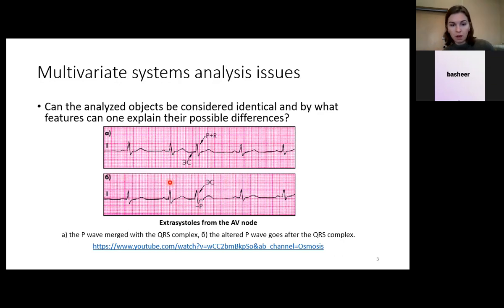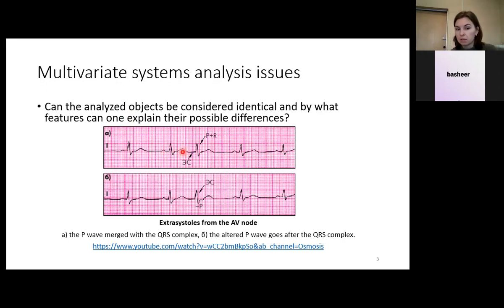So in this case, the doctor will analyze the distance between complexes first. We may see that the distance between these two complexes is shorter than the distance for the complexes before and after. And the distance after is also greater than for the complexes at the edges.